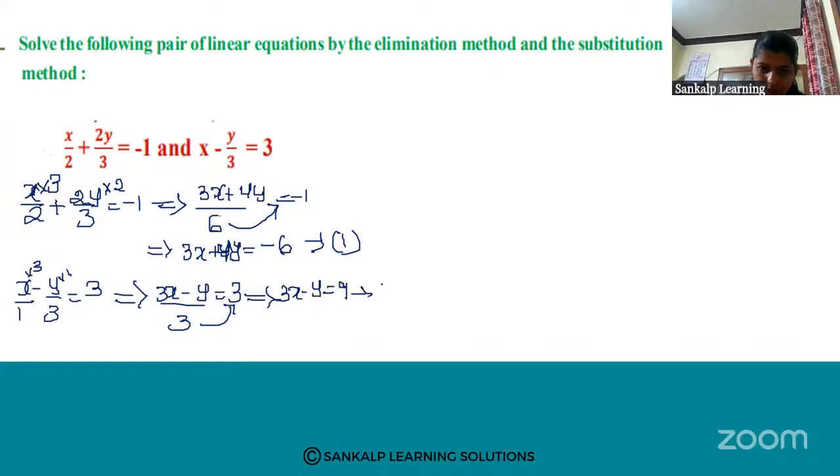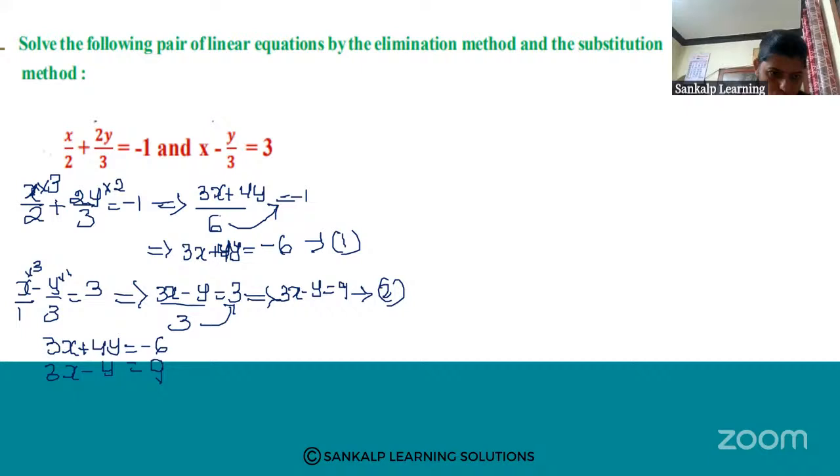This is equation number 2. So now equation number 1 is 3x plus 4y is equal to minus 6, and 3x minus y is equal to 9 is equation number 2.